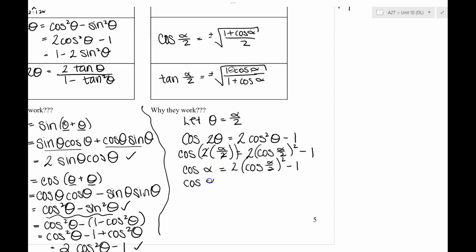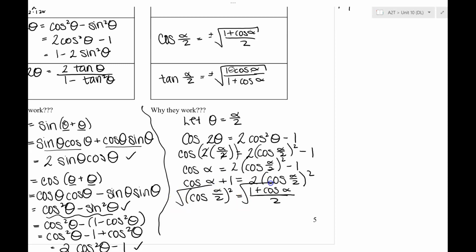I'm going to add 1 to both sides, which is equal to 2 times the cosine of alpha over 2 quantity squared. And then I'm going to divide by 2. So we have cosine of alpha over 2 quantity squared equal to 1 plus cosine alpha all over 2. The commutative property says I can move things around as long as I keep the signs the same, and I did.